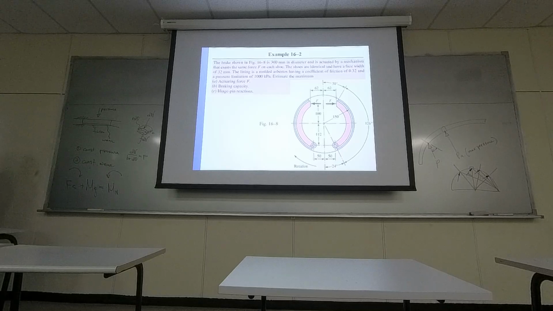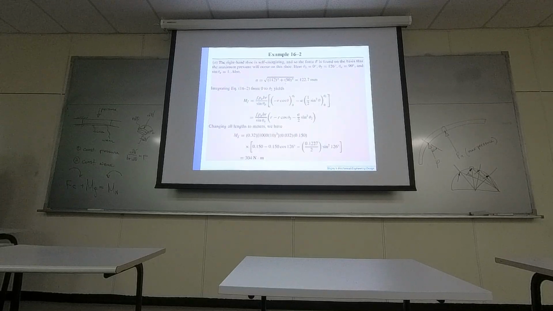And basically square root of 112 squared plus 50 squared, like this. Okay, computing distance A. So just apply the equation, the driven equation. The moment for the friction force equals to this equation, and they just plug in numbers. So over here, friction coefficient has been determined, and it's already giving us the thetas.